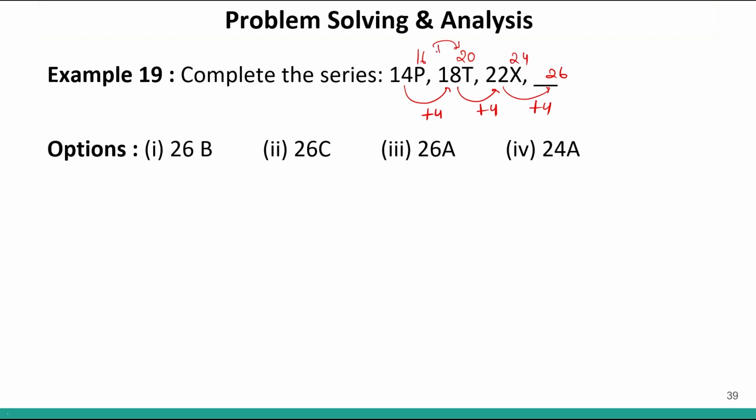So addition of 4 positions. So here also addition of 4 positions will give me 28th position. Do we have a 28th position? No. So at 26th position we have Z. So if I move forward 2 positions from 26th position, it will bring me back to the second position, which is B. So my correct answer will be 26B, which is option number 1. This will be my correct answer.